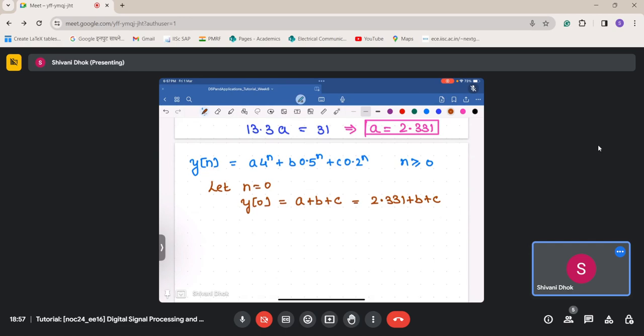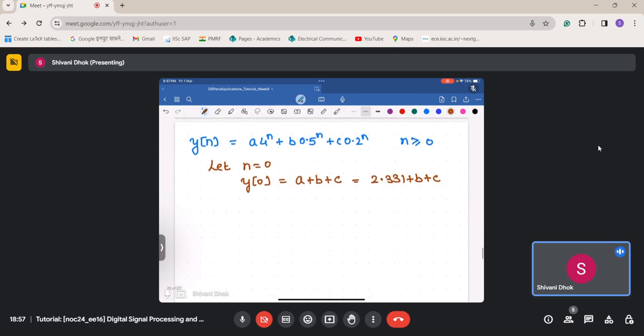Now we also know the difference equation. My difference equation was y of n minus 0.7 y of n minus 1 plus 0.1 y of n minus 2, which is equal to 2 times x of n minus x of n minus 2.